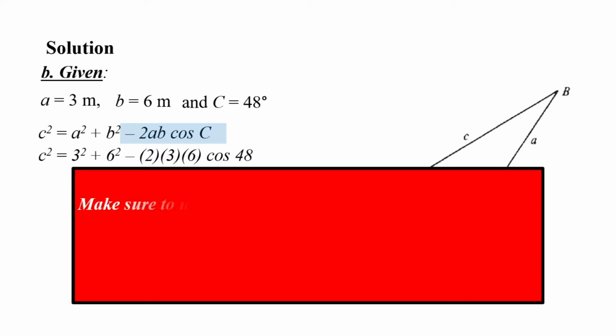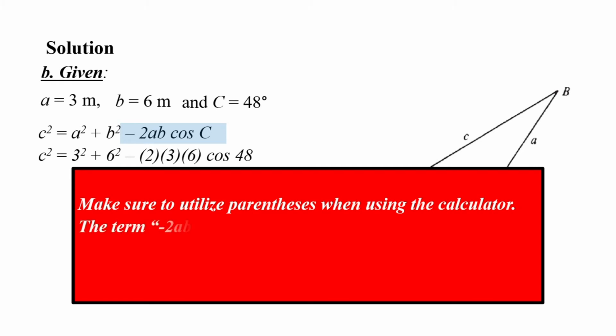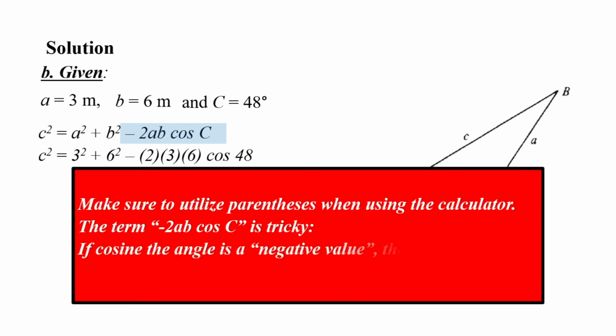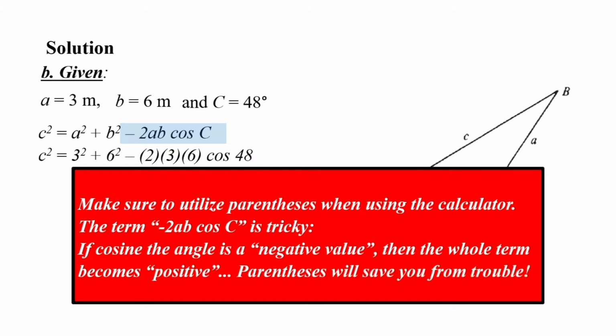Let's see what this is about. Yes, please be very careful with this because we have this term, negative 2ab times cosine C. Cosine C could be a negative value depending on which quadrant the angle is in, which means negative times negative will become positive, and that could create some issues with the computations, especially if you're doing this directly on the calculator.